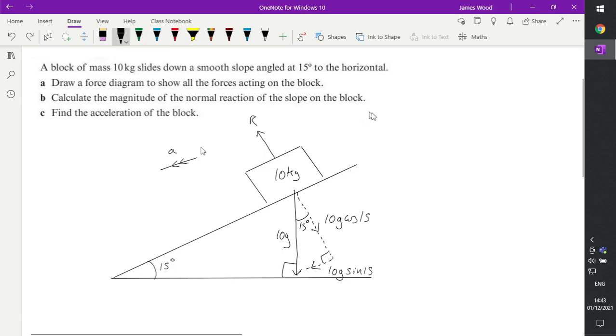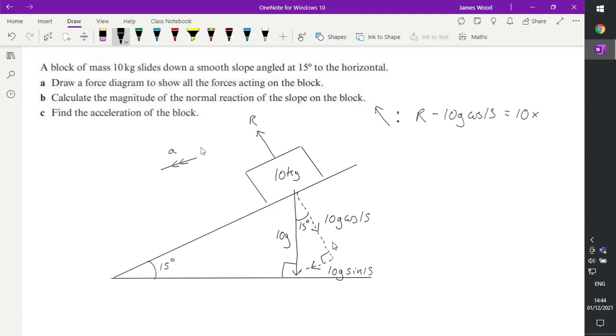We're going to resolve perpendicular to the slope, which I normally write like that. Okay, so just do an arrow in that direction. So the forces in that direction, to the top left corner, is R. This force is going the other way though. So that's minus 10g cos 15. And I'm using F equals ma here. So that would be 10 times, now the acceleration in this direction is actually 0.